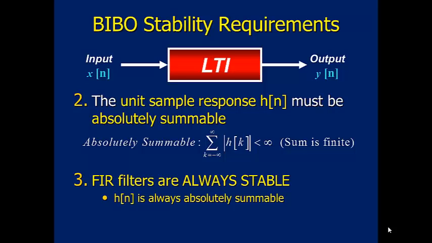H of n is always absolutely summable, which means they are always stable. That's really nice. You can design a discrete time system that you don't have to worry about stability. It's just rock solid, going to be stable forever. You can only design them in discrete time systems. You don't have a continuous time equivalent of them. It's a neat new thing we have available to us in discrete time systems.